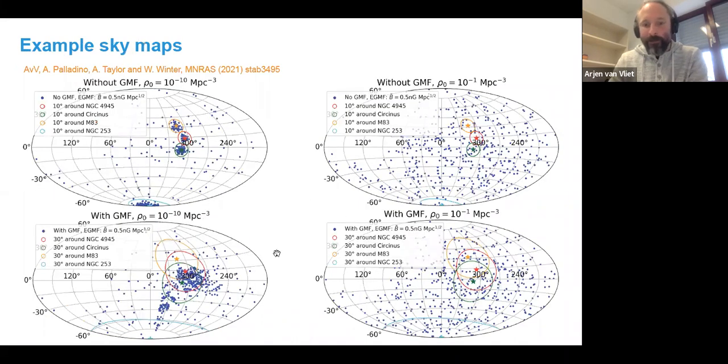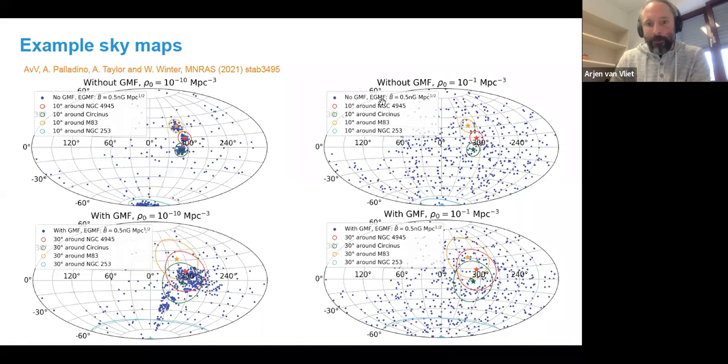And then what you get out are sky maps that look like this. So these are all for the same extragalactic magnetic field, but for different source densities. I'm just showing two extreme cases here. This is for a very low source density, and then you get a very strong correlation with the catalog sources. This is for a very high source density. You basically get an isotropic sky.